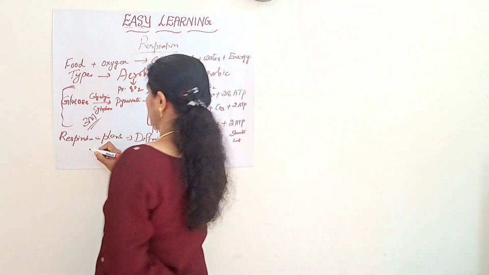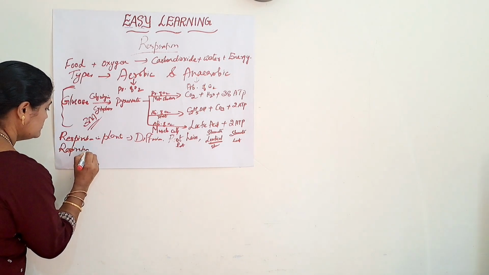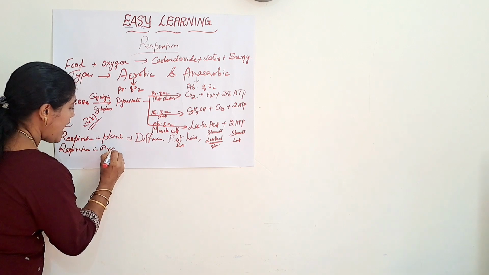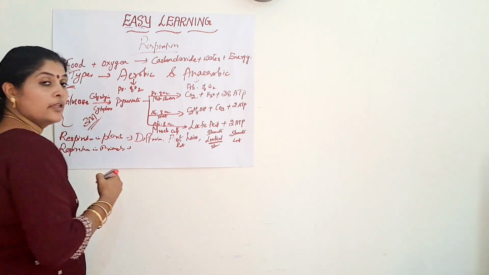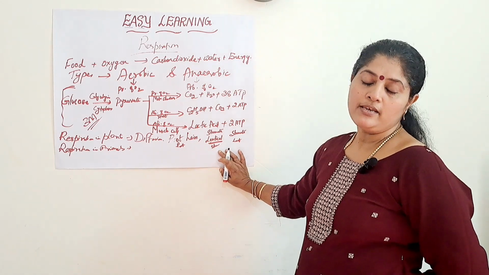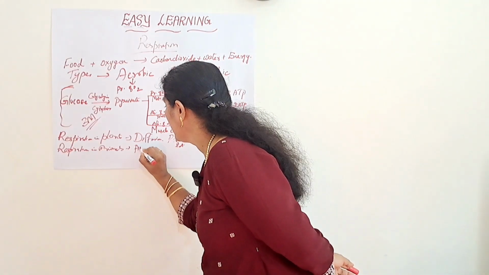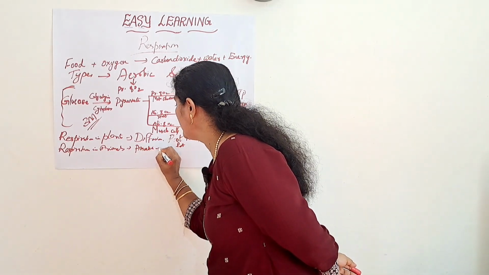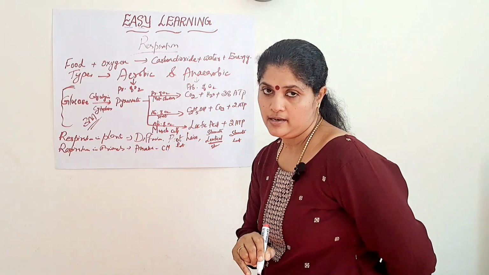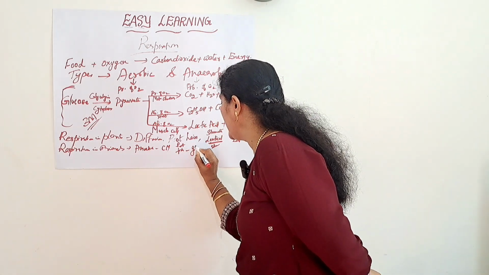Next is respiration in animals. Here you will be studying the respiratory organs of different organisms. In the case of amoeba, the respiratory organ is the cell membrane. In fish, the respiratory organ is gills.